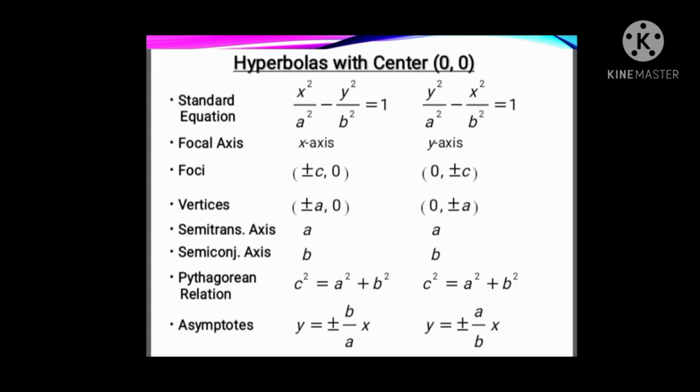The Pythagorean relation: the distance between the foci is 2c, where c squared equals a squared plus b squared. Same for the y-axis, c squared equals a squared plus b squared. That is the Pythagorean relation. Asymptotes: y equals positive, negative b over a times x, and y equals positive, negative a over b times x.